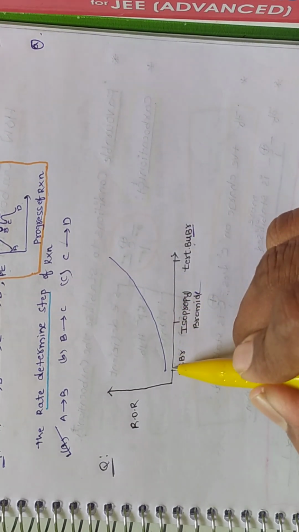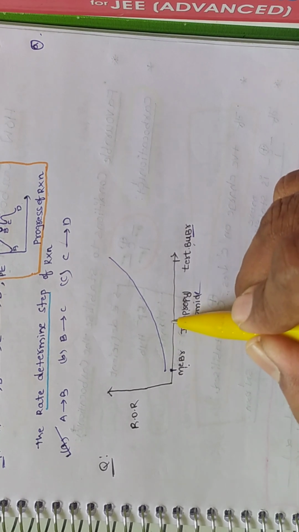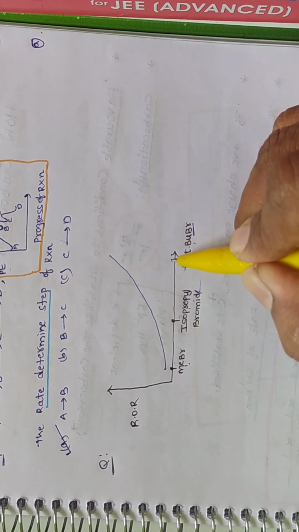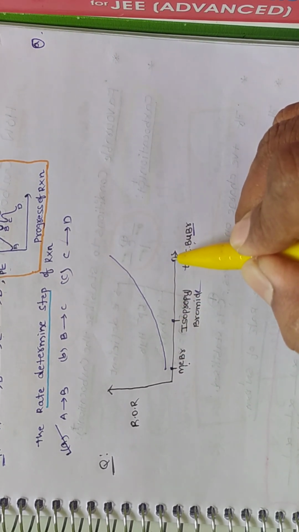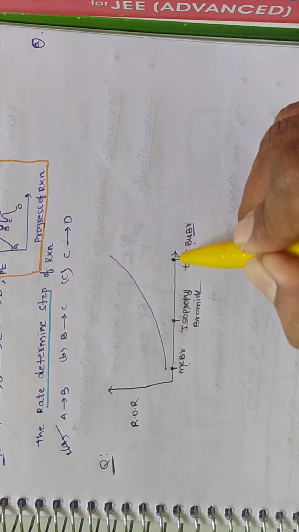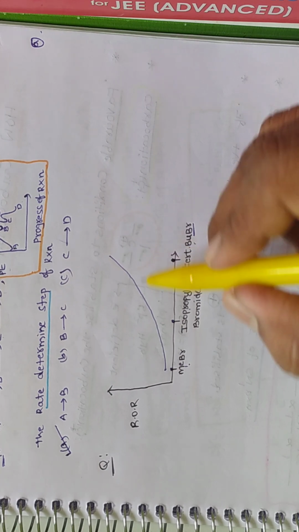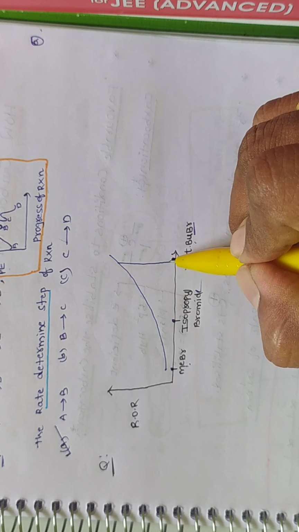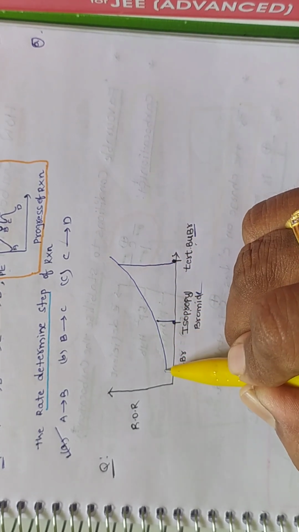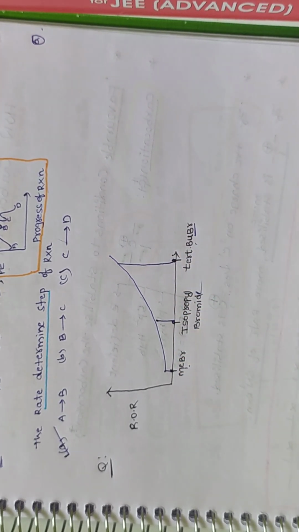This is a more stable carbocation. The more stable the carbocation, the more the rate of reaction. Thank you.